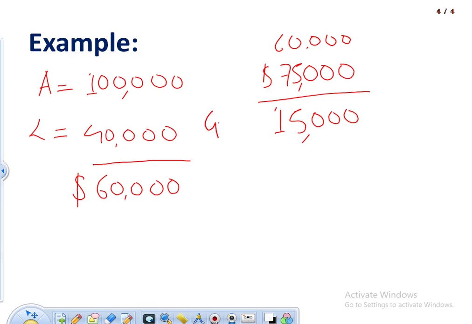So this is your goodwill, and this goodwill is the purchased goodwill.